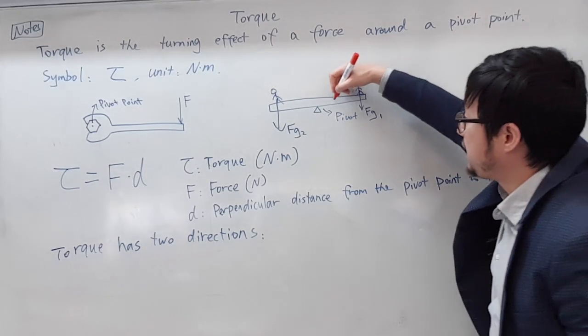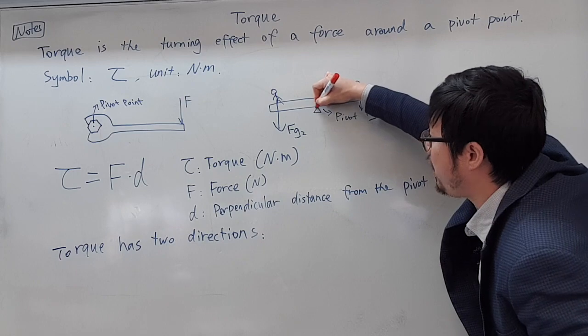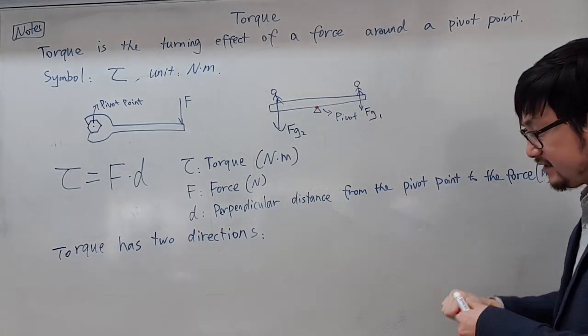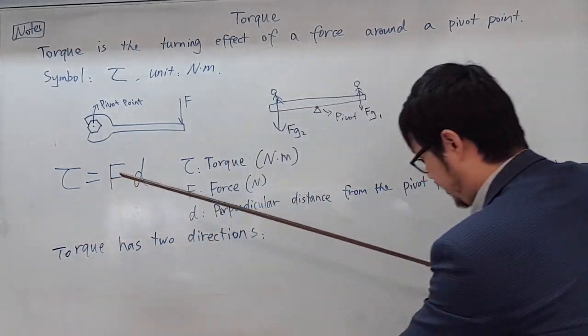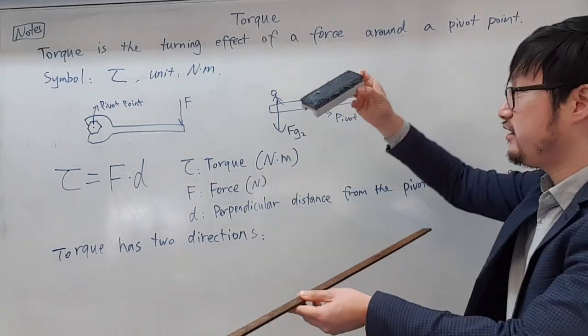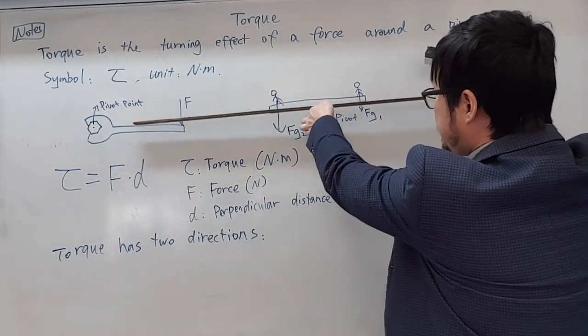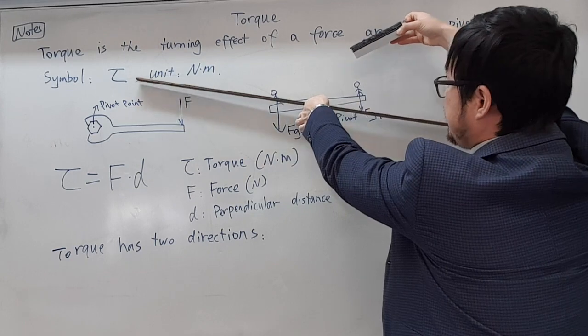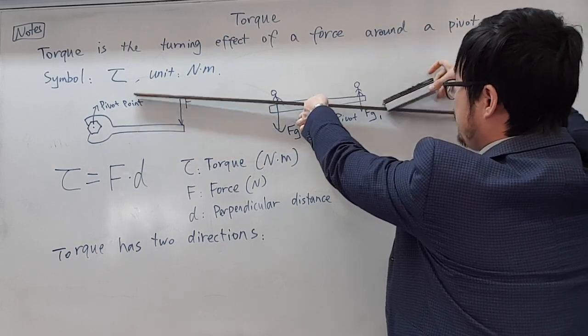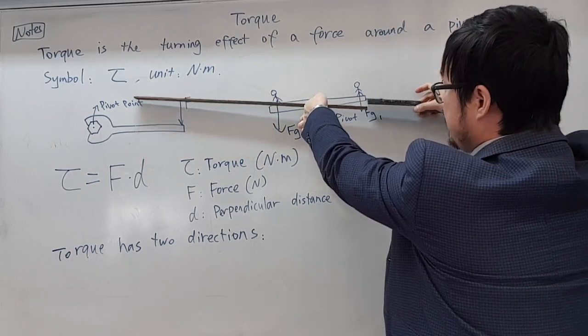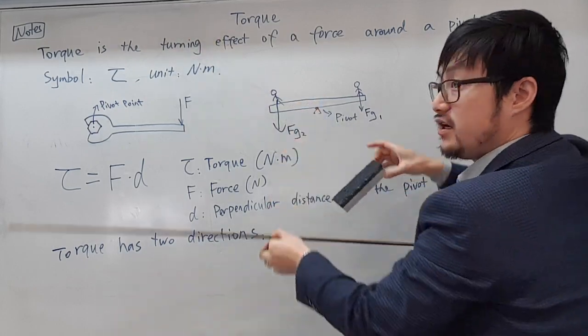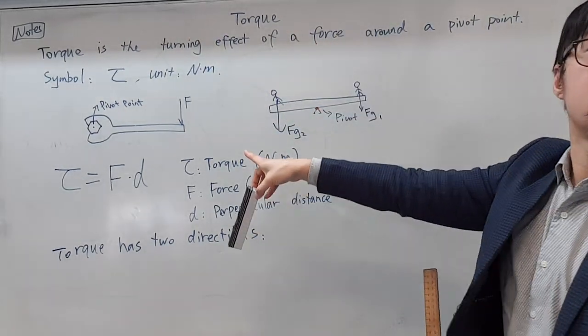And the pivot point is a fixed point. This point is fixed over here. Let's say we got a seesaw over here. I'm going to use this eraser to be the person. So what direction is this torque going to be acting? If you put the thing on the right side, what kind of direction is it going to rotate? It's going to rotate clockwise. Yeah.